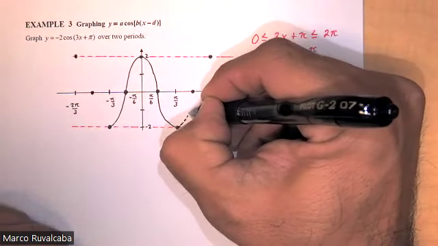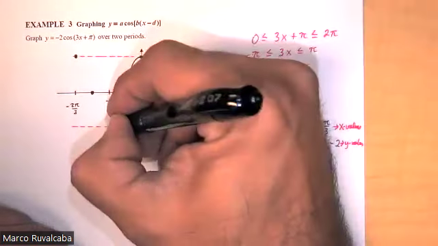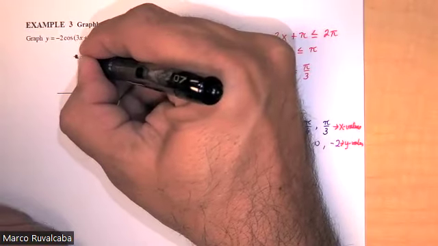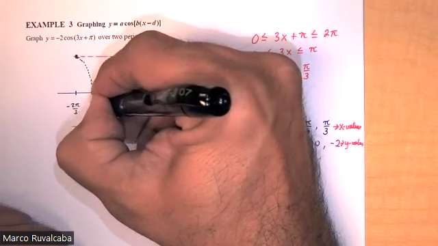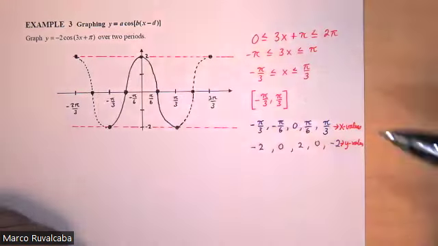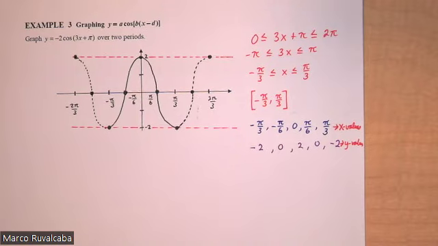Let me try to extend it here. Okay, so there's your two periods for that one. And then let's go to number 4 now.